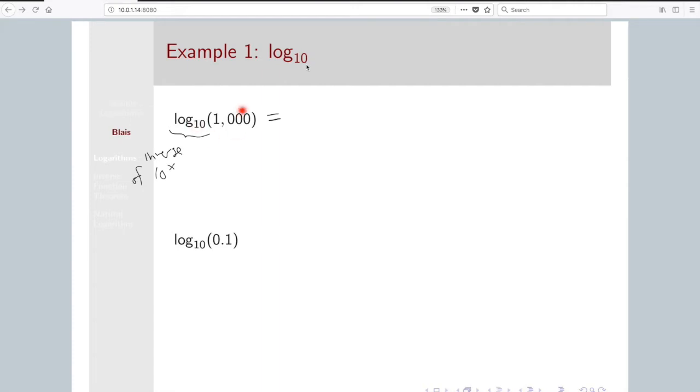So what we want to do is try and write the argument here in terms of 10 to the x. Well, 1,000 can be written as 10 cubed. And now we use the fact that what we have here is log base 10 of 10 to a power, and the fact that log base 10 and this exponential of base 10 are inverses mean they undo one another, and we get that exponent, 3.